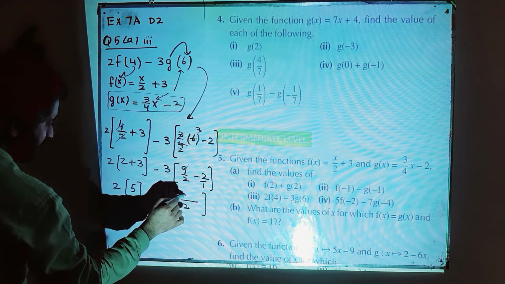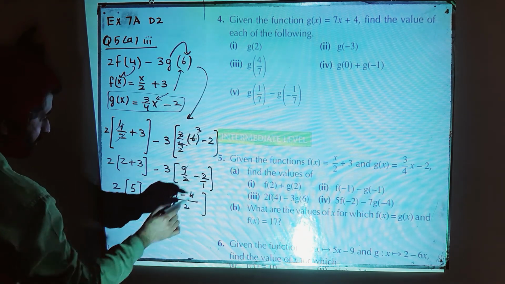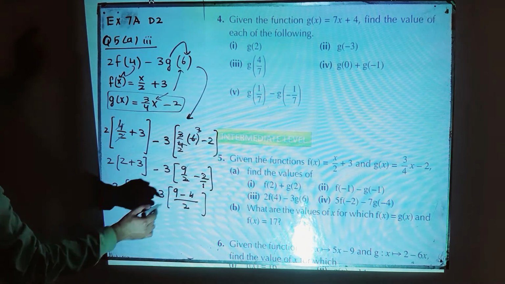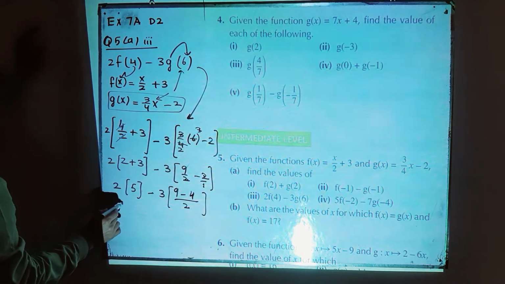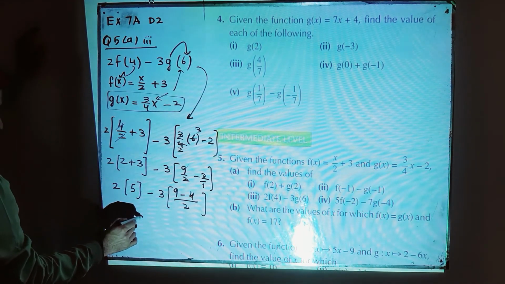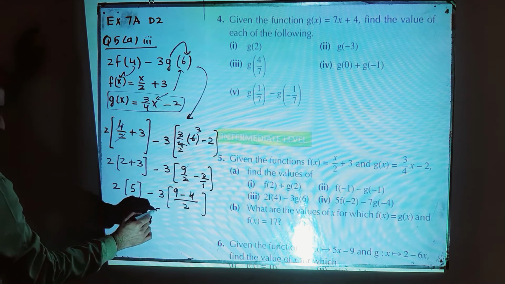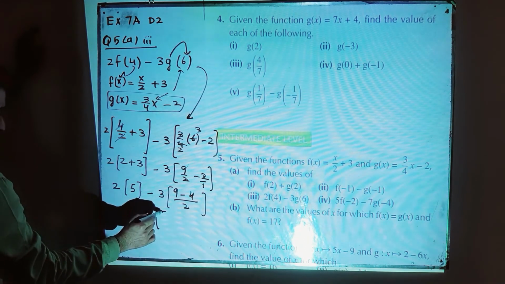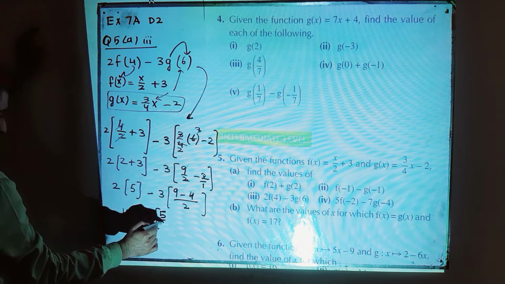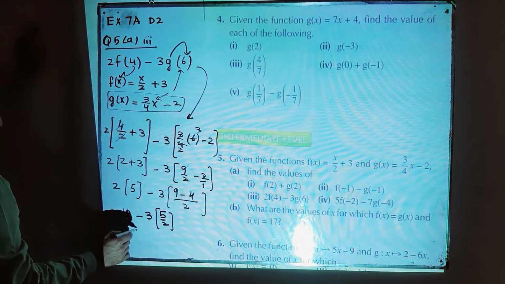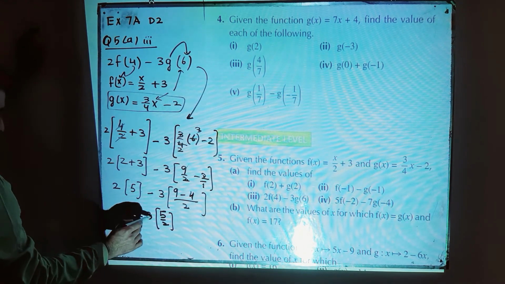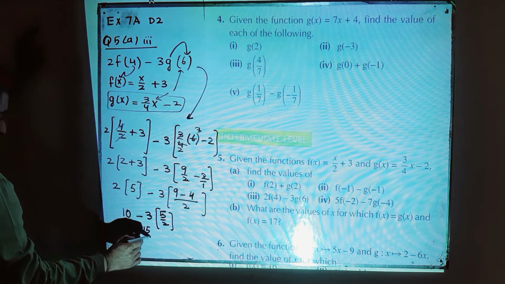So that is 2 plus 3 is 5 minus 3, LCM is 2, 9 minus 4, 2 into 2 is 4, 1 into 9 is 9, 5 into 2 is 10, minus 3, 9 minus 4 is 5 by 2, so that becomes 10 minus 15 by 2.